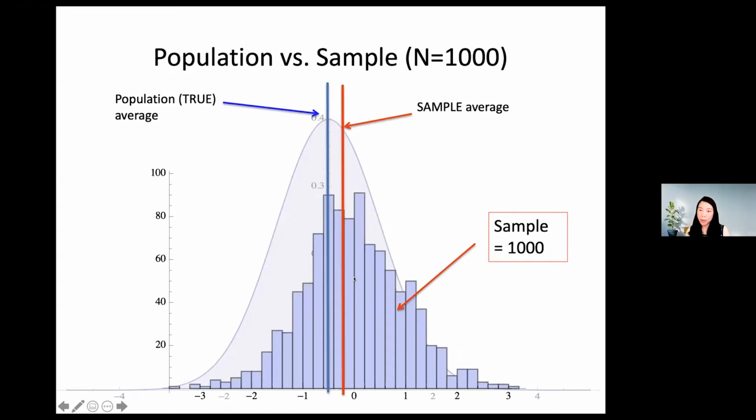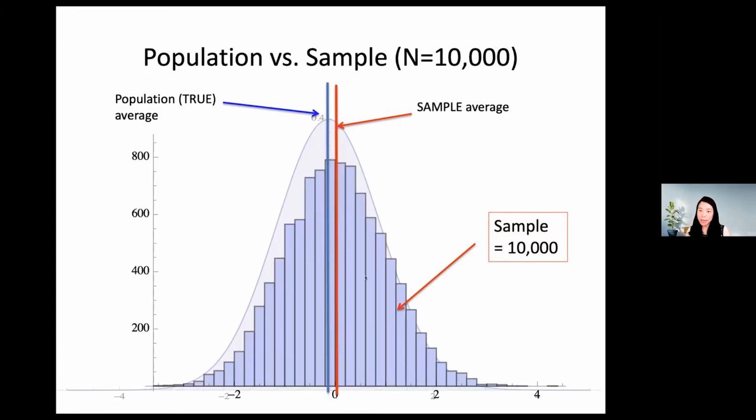As the sample size increases from 250 to 1,000, we can see that the distribution of the test score is moving more closely towards the normal population distribution, right?